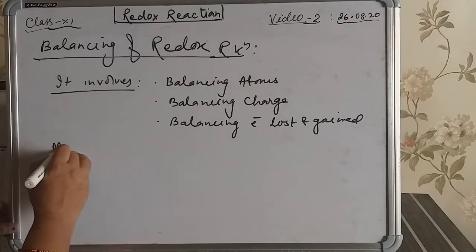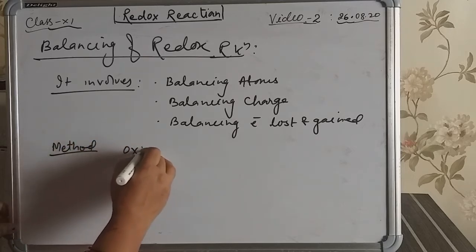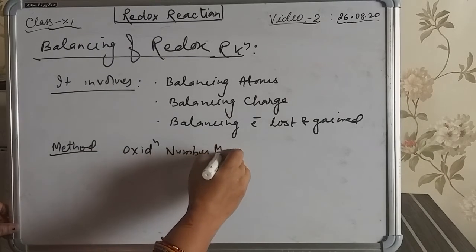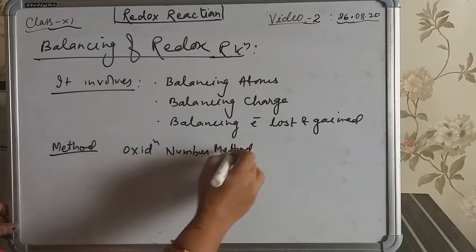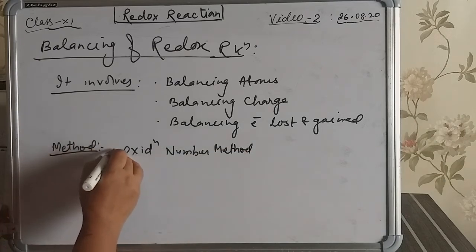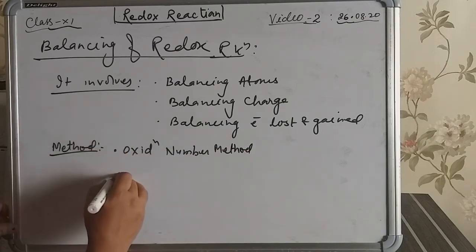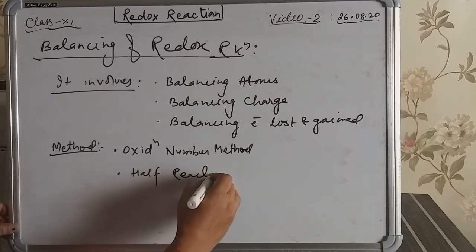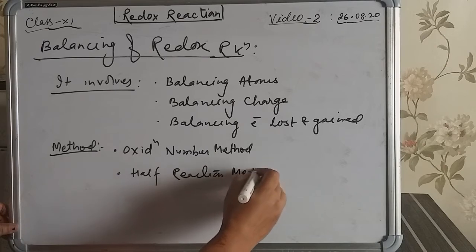We will discuss two methods: the oxidation number method and the half reaction method.